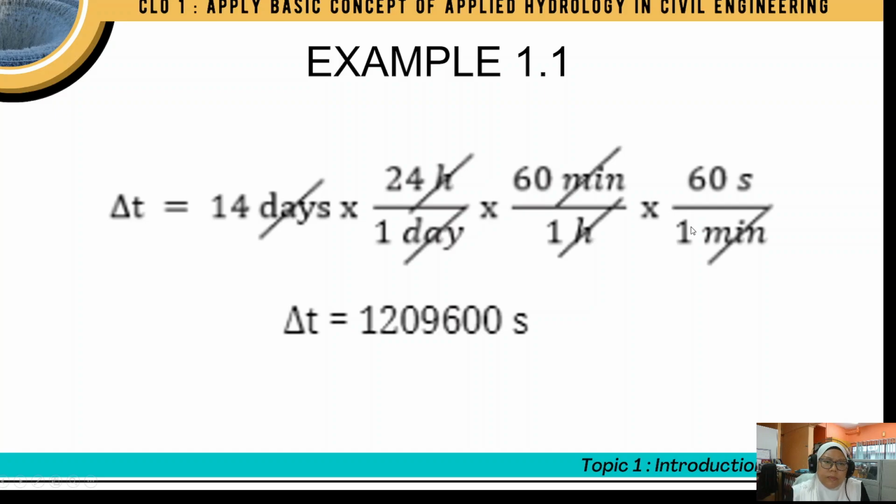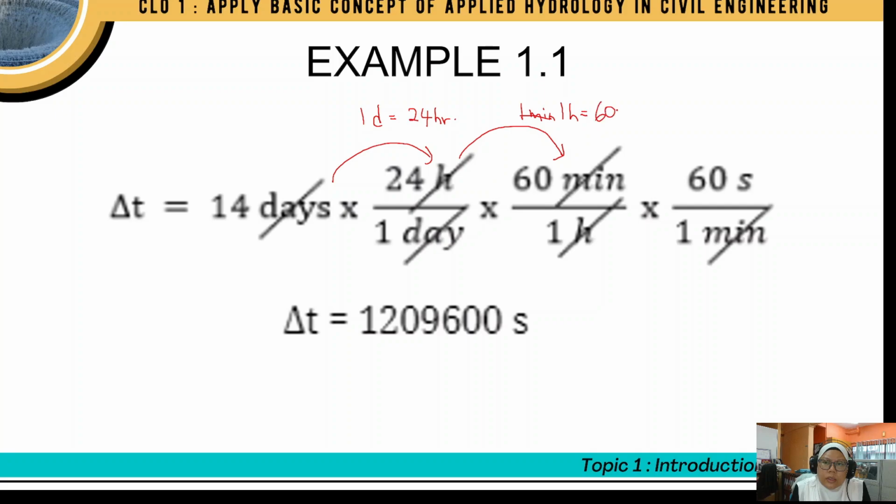The first thing you must do is convert this to a smaller unit, which is hours. So 1 day equals 24 hours. Next, convert hours to minutes, which is 1 hour equals 60 minutes.